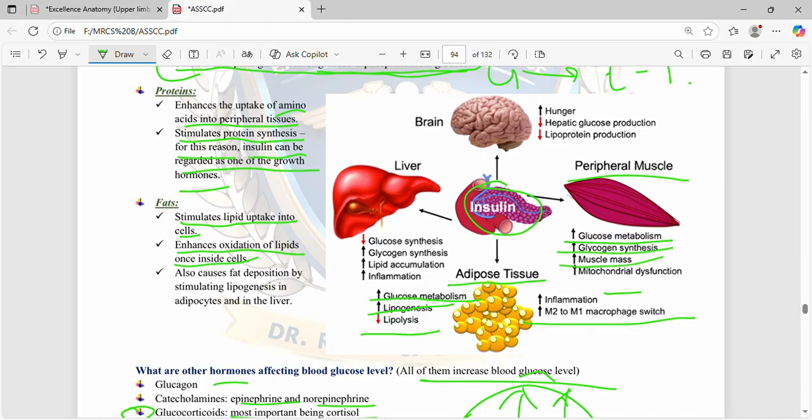In the liver, it decreases hepatic glucose production and increases glycogen synthesis and lipid accumulation.